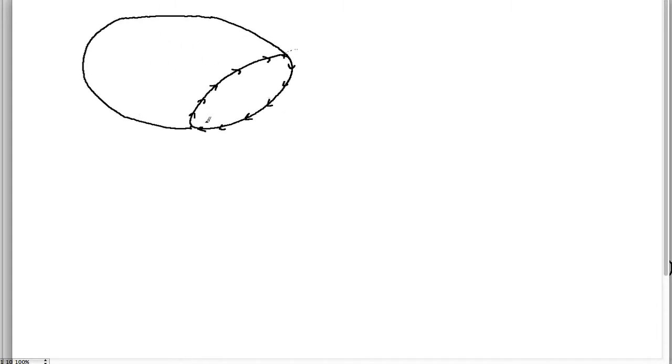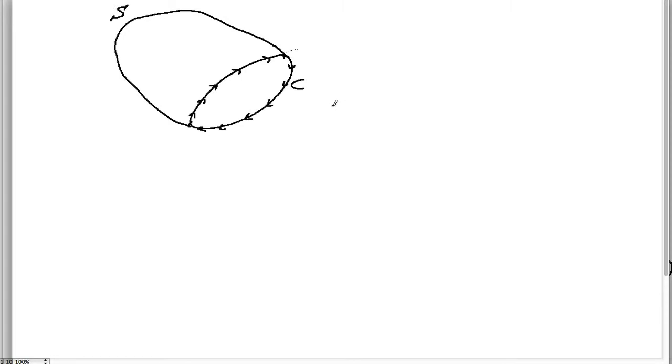Okay, so here's our surface. It's a little off kilter. I'm going to try that again. There we go. All right. And here's our surface, and so here's S, and there's our boundary to the surface, which is this little curve going around as such.